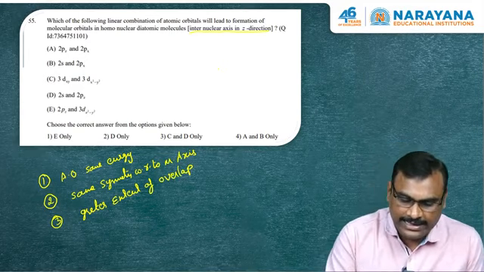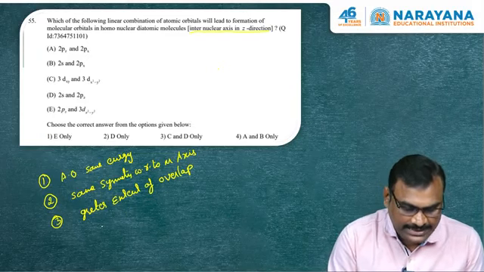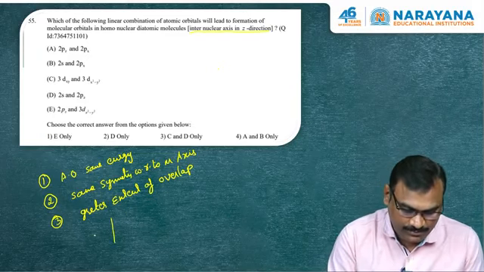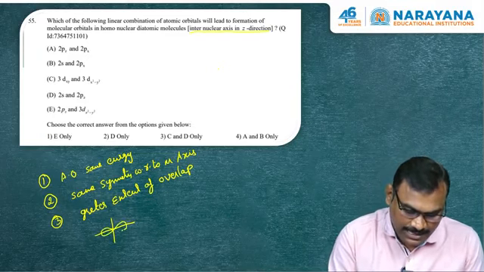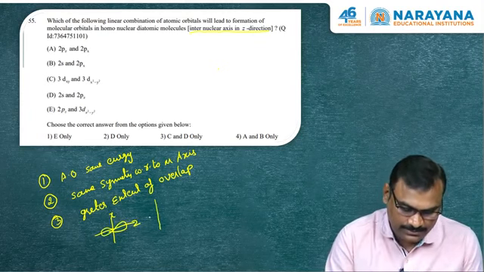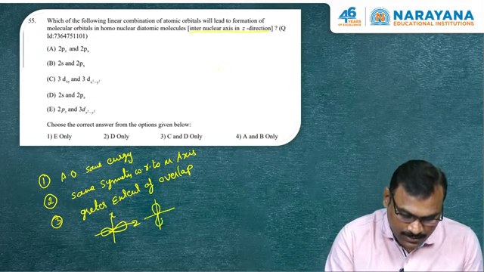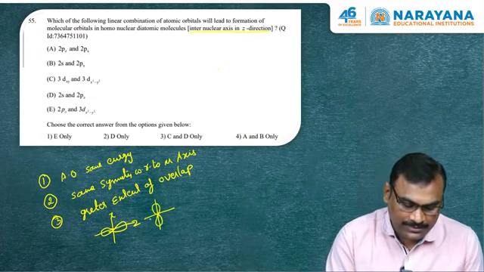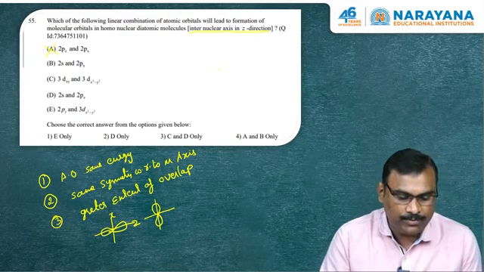Here, in option A, 2pz and 2px. Let us say this orbital is z and this one is x. These do not have the same symmetry, so option A will not be possible.